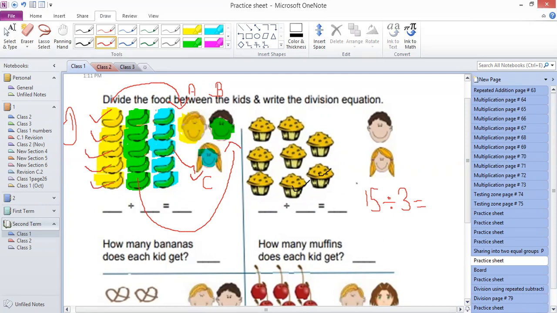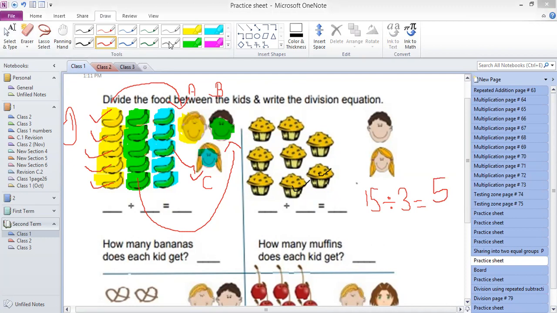Boy A has 5. Boy B, 1, 2, 3, 4, 5. B also has 5, and C, 1, 2, 3, 4, 5. So when I divide 15 bananas equally into 3 kids, each kid will get 5 bananas.